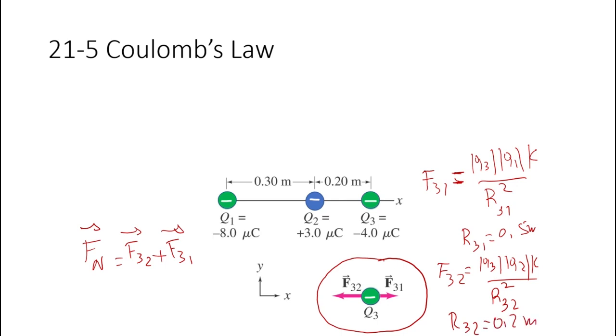If you replace these values, you get the magnitude of F31 and F32. Remember, F31 is going east. Anything that goes east, we consider positive. In this case, we consider x positive as east and west as negative, but you have the choice, or you can call it right or left.